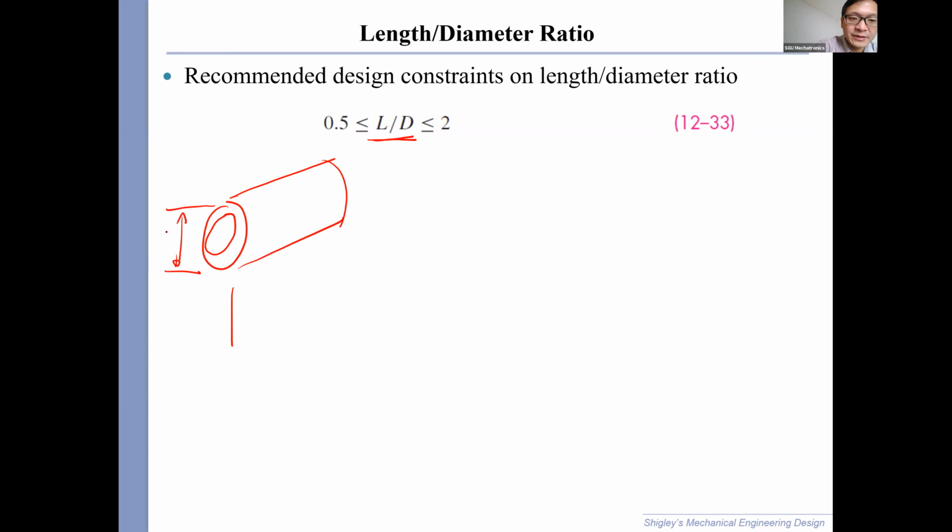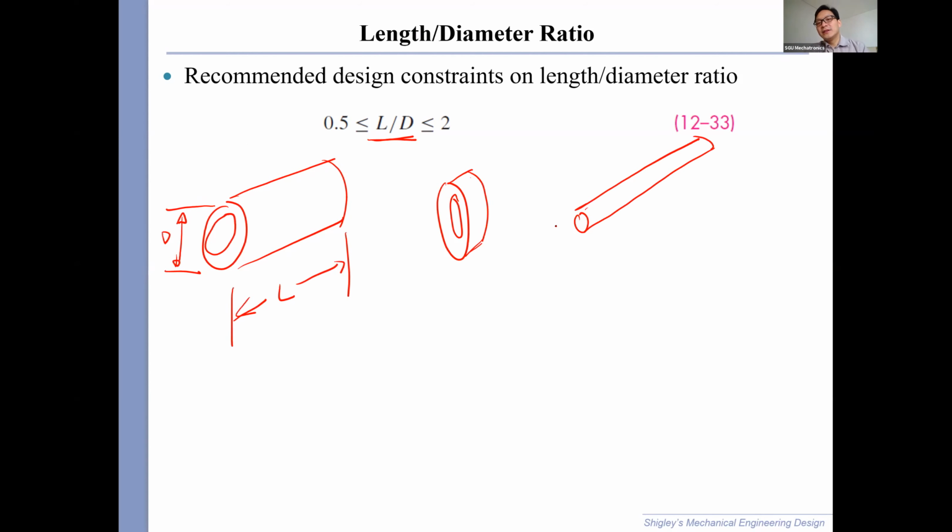Okay, this is the diameter D, and this is the length L. Now, why do we have a recommendation of the length to diameter ratio? Well, think about it. You might have a bushing so short like this, or you might have a bushing so small and yet so long. Both are weird, right? So you don't want those awkward shapes.